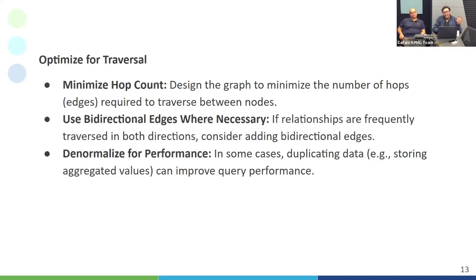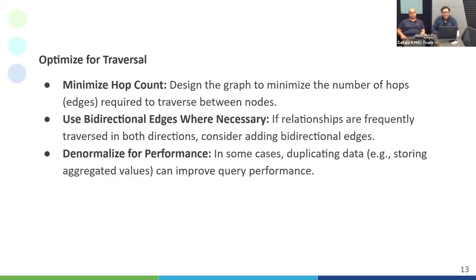So we design it like this: there is a user node and a post node, and the likes can be edges between them. So the user likes that post. We have to be very concerned about what we put in vertices and what we put in edges, so we don't make the hop count maximum.